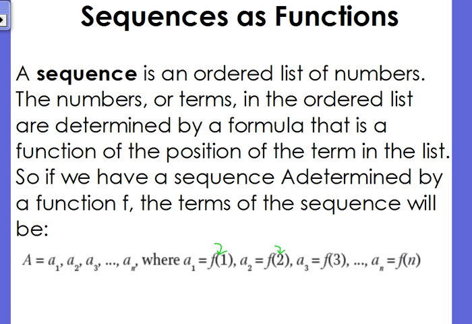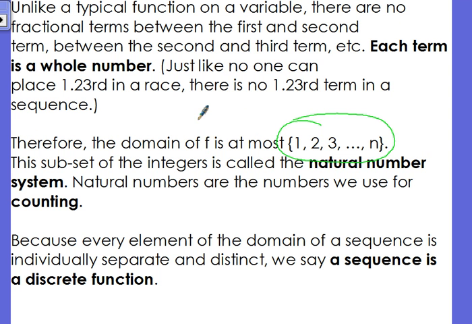So I can't plug in non-whole numbers and non-positive whole numbers because it's not possible to have a term that's term number 1 and a half. So it's got to be term 1, term 2, term 3, and so forth. These numbers are from the natural number system, and they are what we use to count.